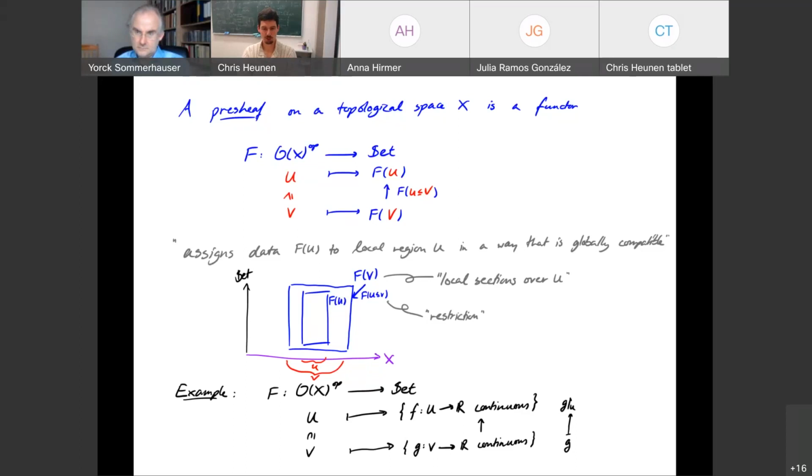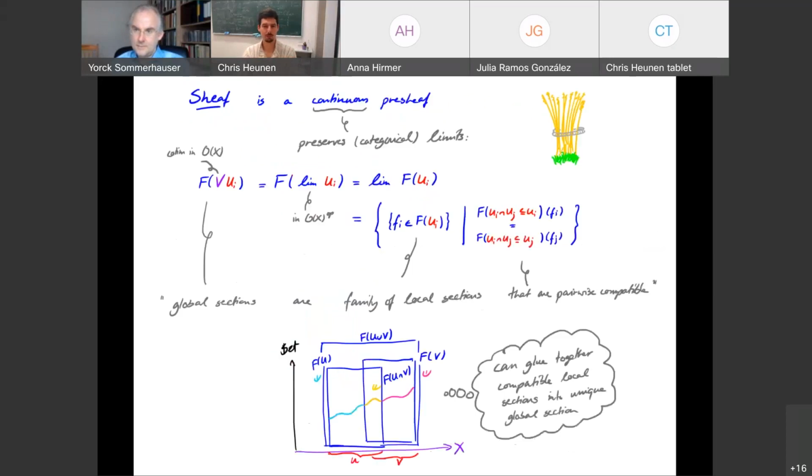Right, so that is a pre-sheaf, just some way to attach to opens data, sets if you like, in a way that is globally compatible. Now, a sheaf is the thing we're really interested in: a pre-sheaf that is continuous. And by continuous, I really mean in the categorical sense of preserving limits.